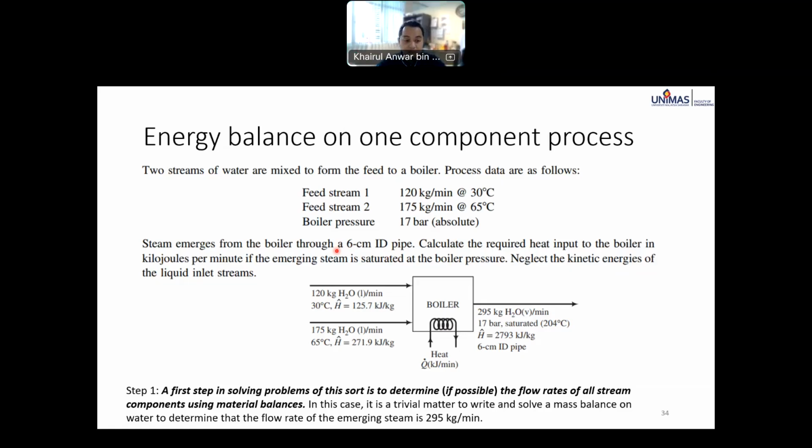Step one, the first step in solving this problem is to determine, if possible, the flow rate of each stream component.